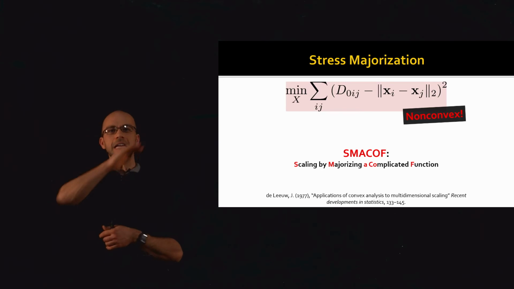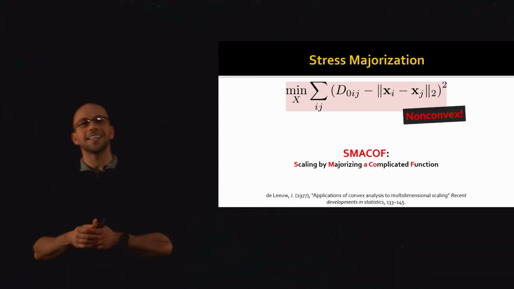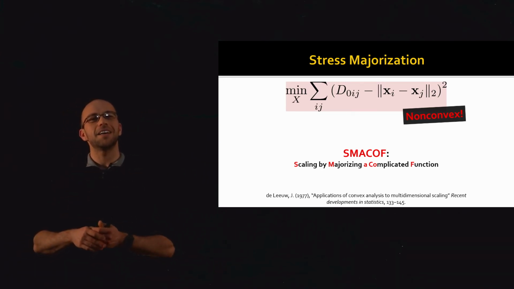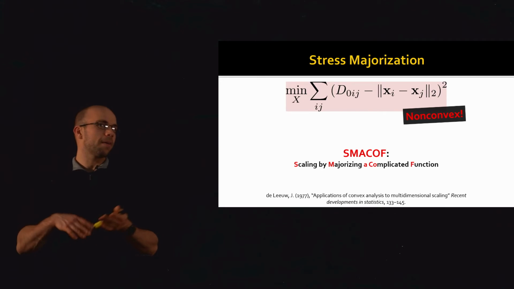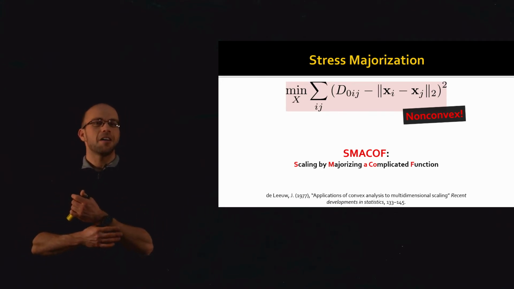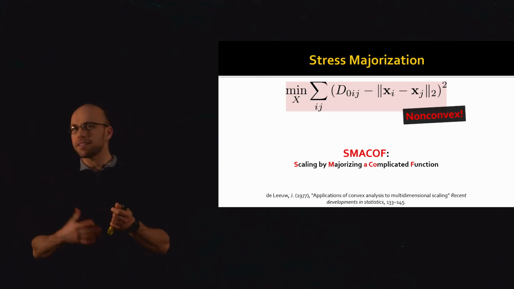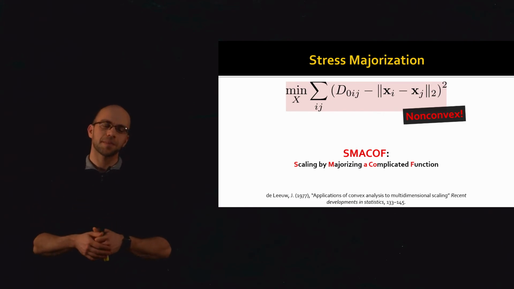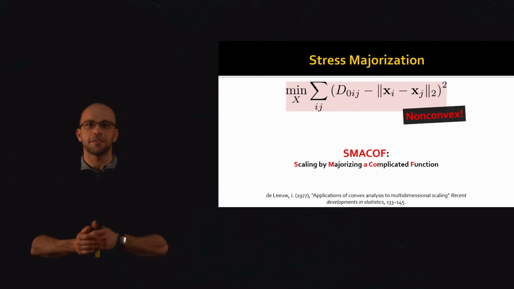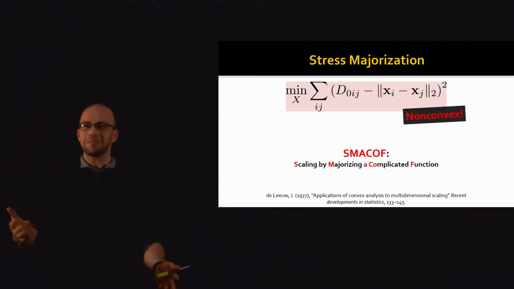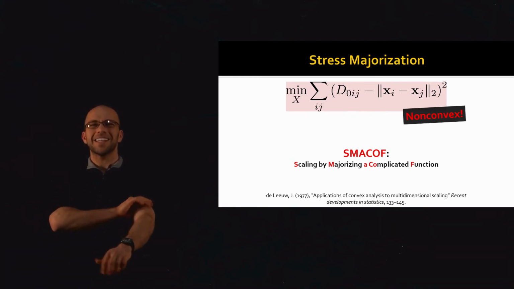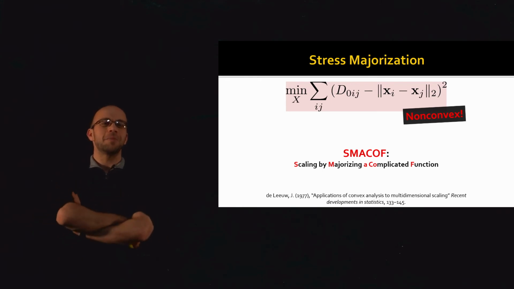So here, our input is a matrix D naught, and the entries of D naught, which are D naught ij, are supposed to be the pairwise distances between a bunch of points, or some approximation thereof. And now our output is going to be an embedding X, just like in the MDS algorithm. But unlike an MDS algorithm, in stress majorization, we're just going to write down an optimization problem that measures exactly what we're looking for and try to minimize the objective.